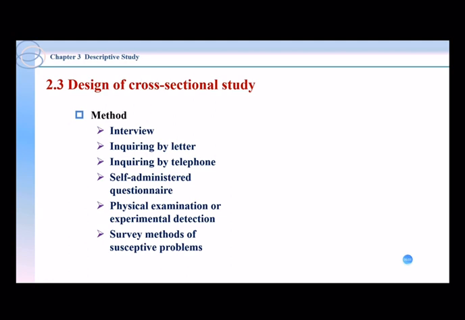Or we can do a physical examination or laboratory detection to collect the data that we are going to use. In cross-sectional study, there are two major types. One is called census, and the other is called sampling survey. We will talk about census and sampling survey in more detail in the later slides.